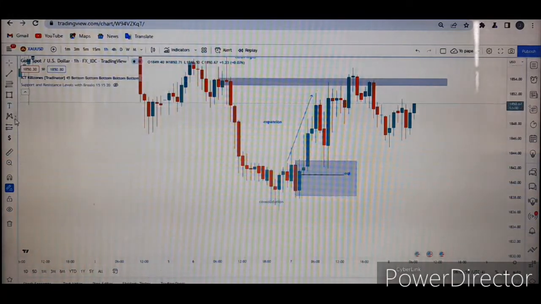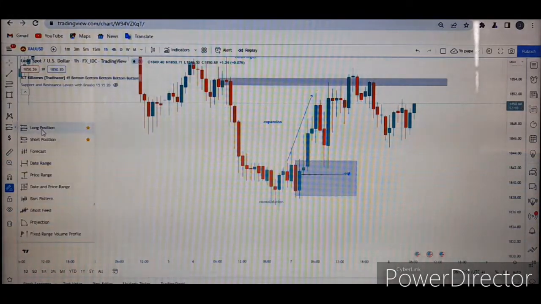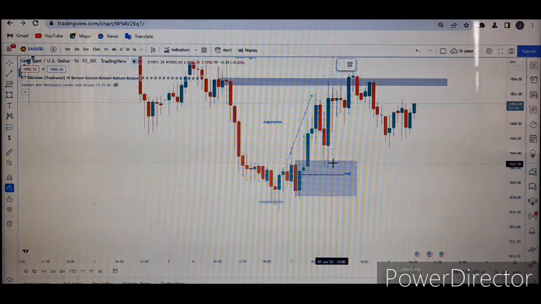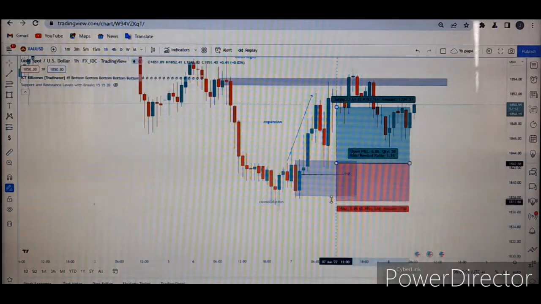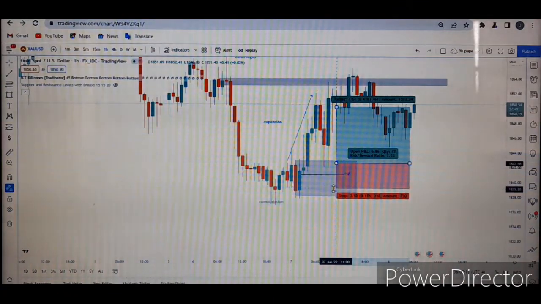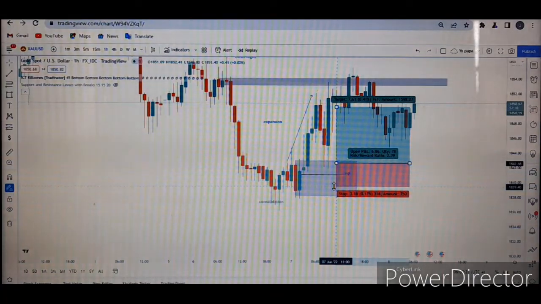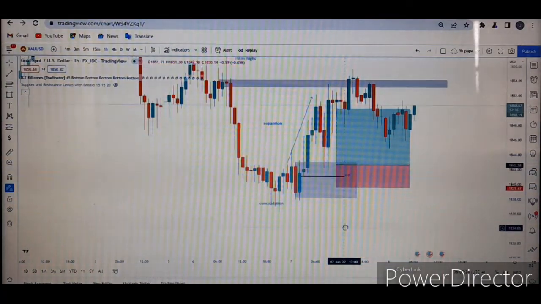So when you enter your trade, this is a trade that I took yesterday. From here, your stop loss should be below, or here, just below the 50% of the order block, because once the order block has been retested below the 50%, I think the market has already changed direction there.